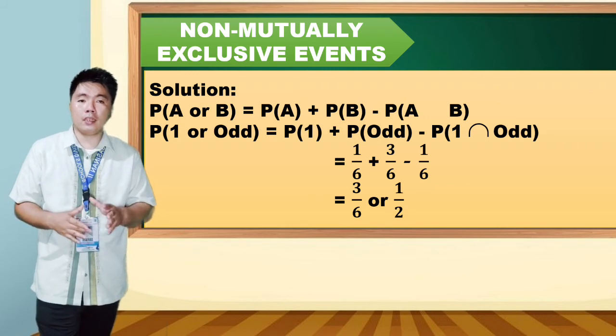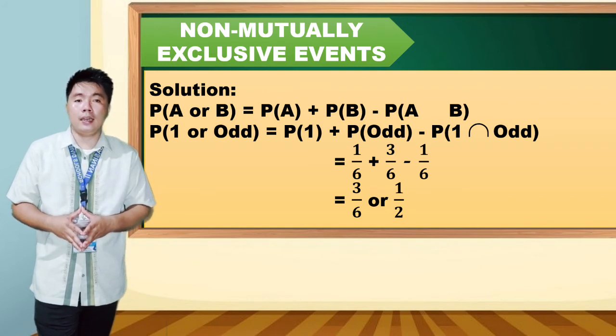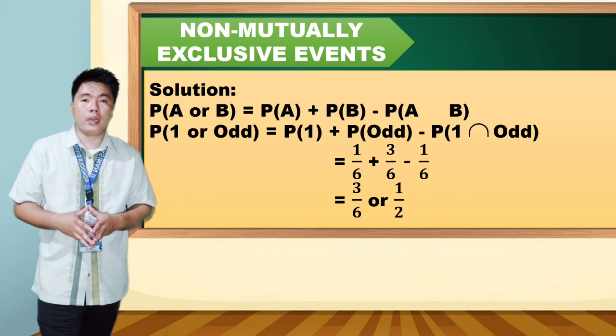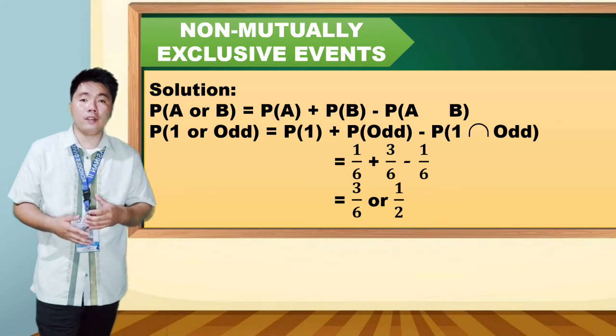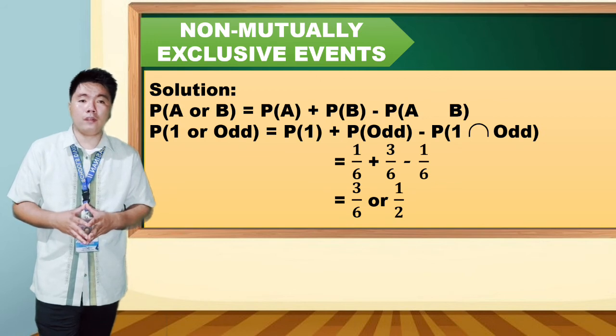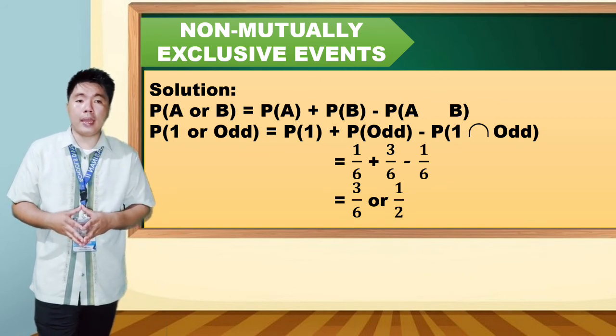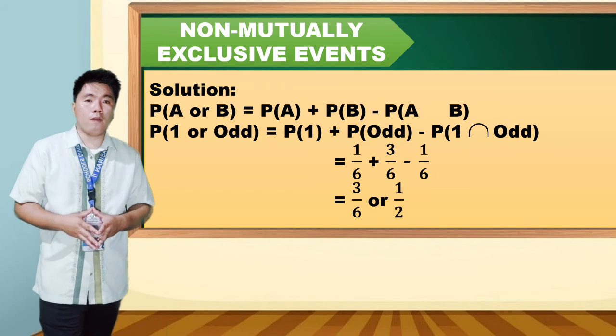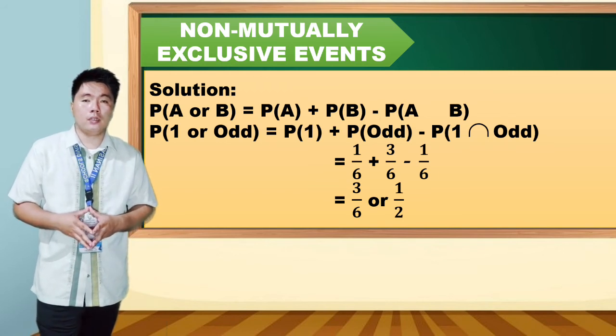On the probability of getting a 1 on a die, we have 1 out of 6 as its probability. And then for odd, we have 3 odd numbers on a given die, that is 1, 3, and 5. So we have 3 out of 6 minus the probability of 1 intersection odd.